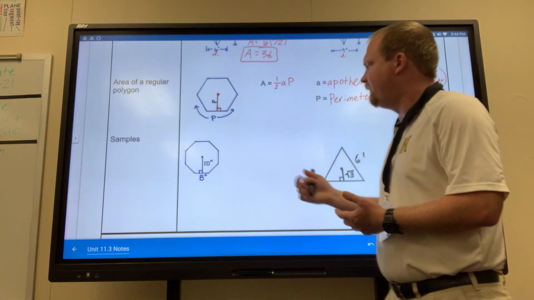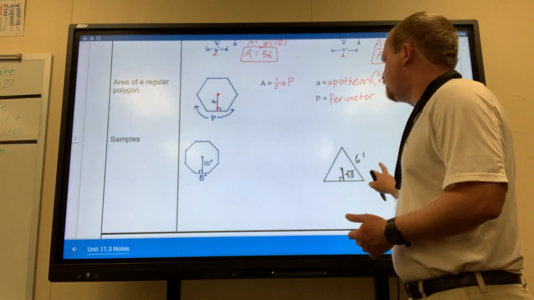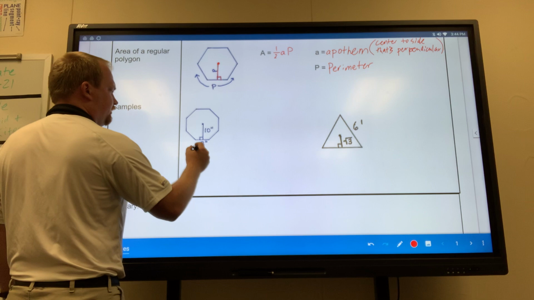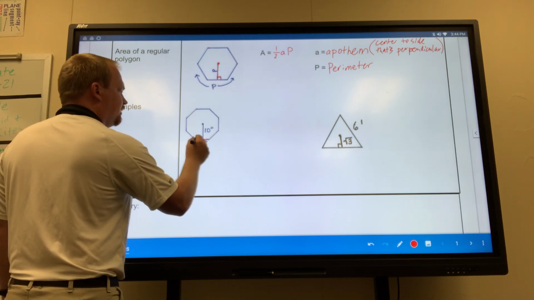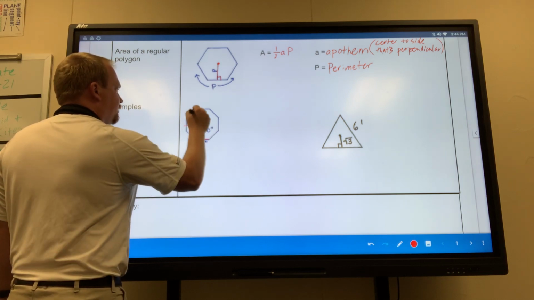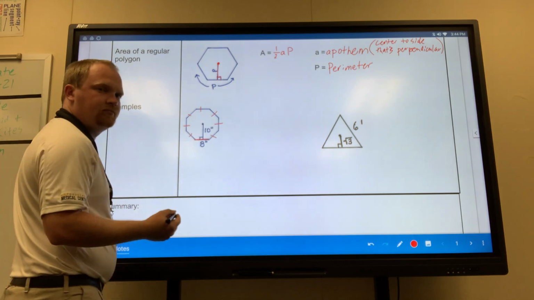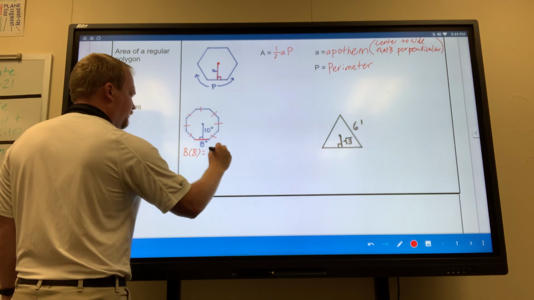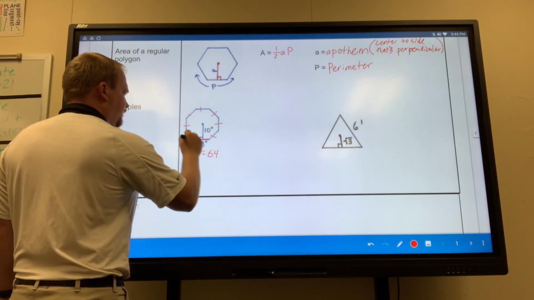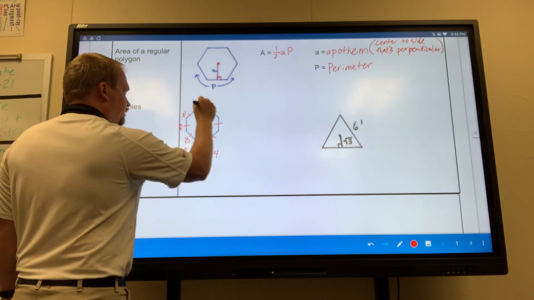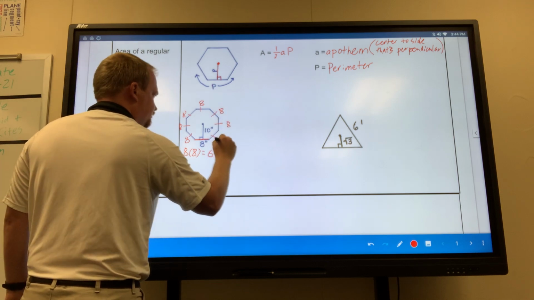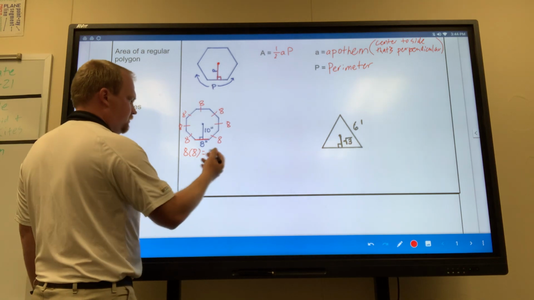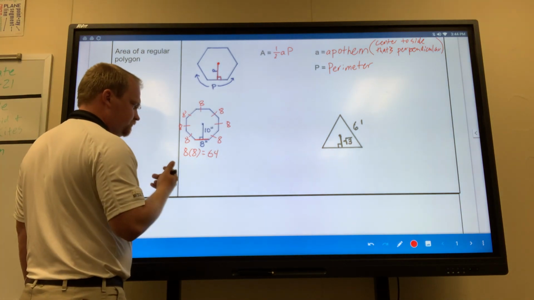So for example, if I look at this octagon real quick, one of my lengths is 8. But there's 8 of them. So 8 times 8 gives me 64, because all of these are 8s. So I just add them all up, and I get 64.